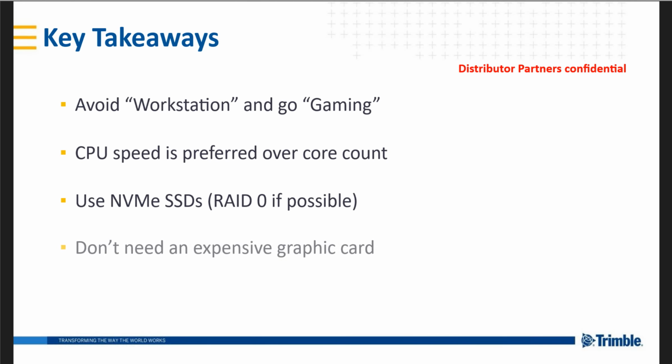on the system side. And you don't need an expensive graphics card for the customers. The recommendations I brought up in the slides before are good examples that it doesn't need to be expensive all the time.